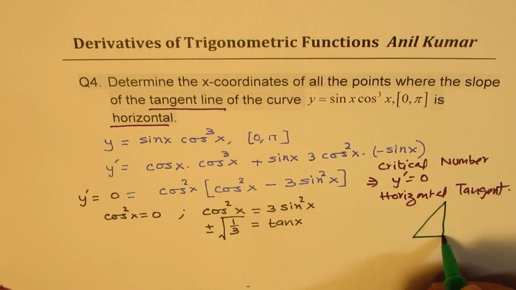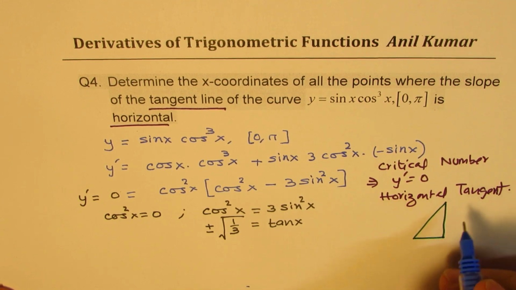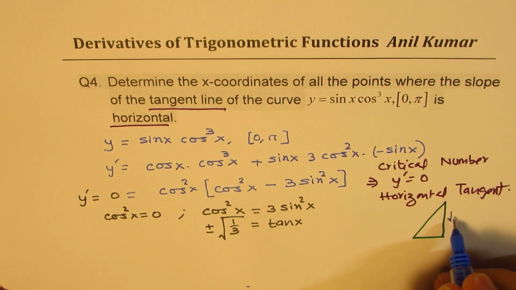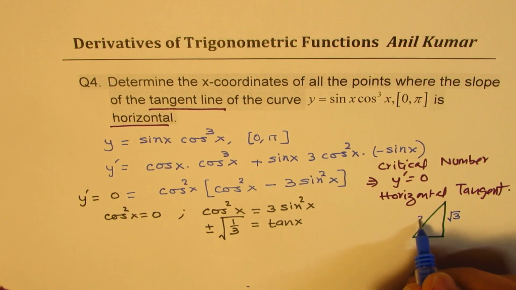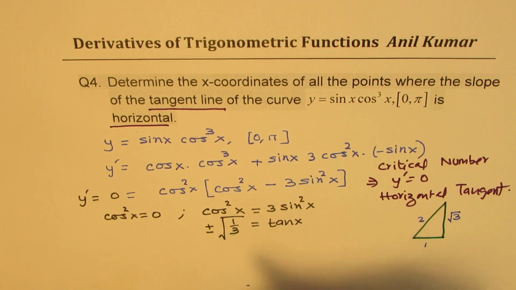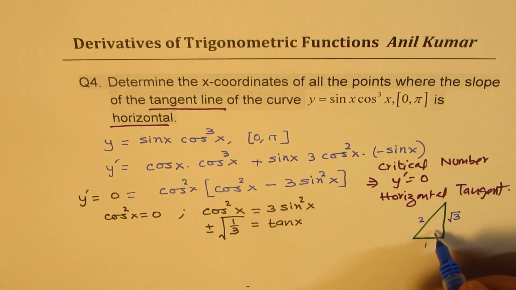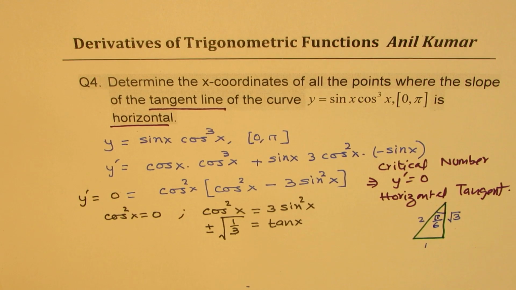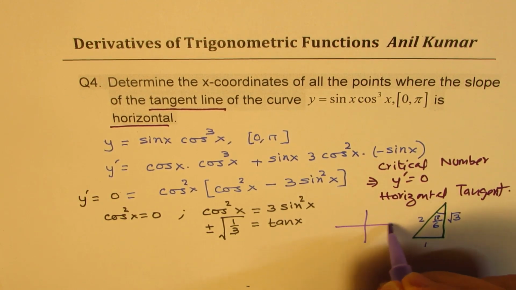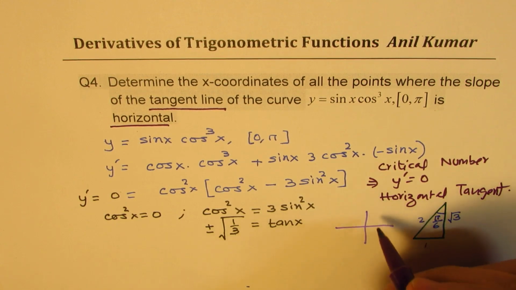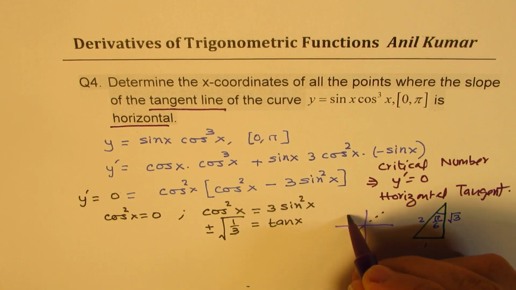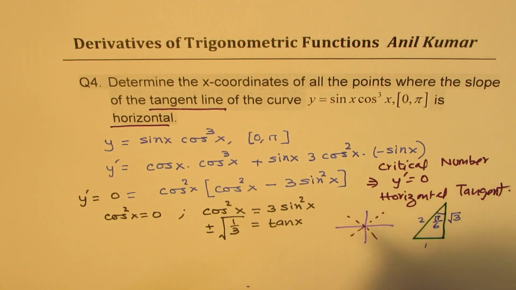In this special triangle, as you know, we have square root 3, 1, 2. So tan is 1 over square root 3. That means we're looking at pi by 6, in all 4 quadrants. So pi by 6 here and pi by 6 there. So that is what it is.